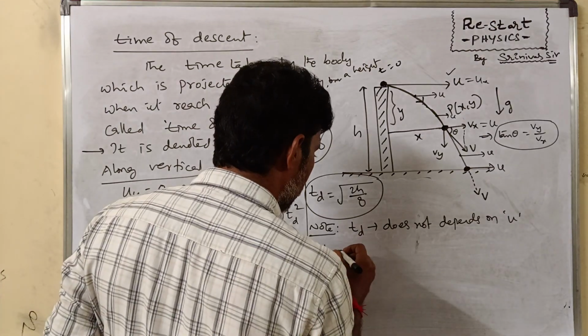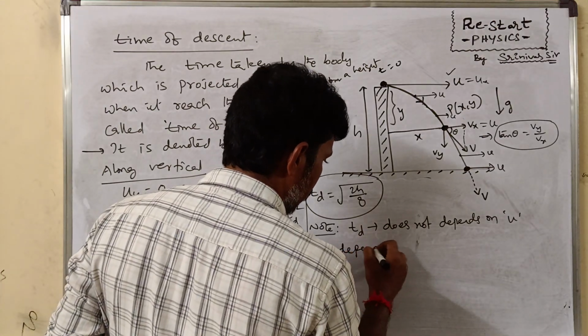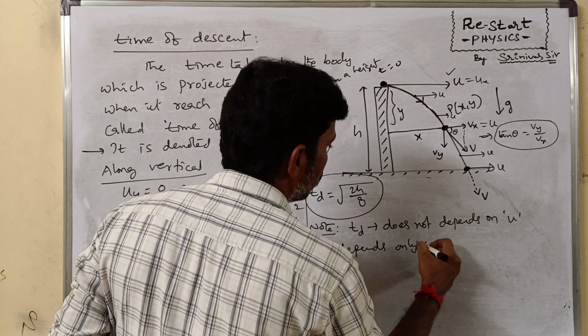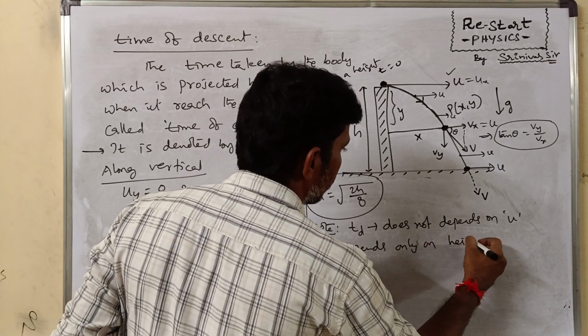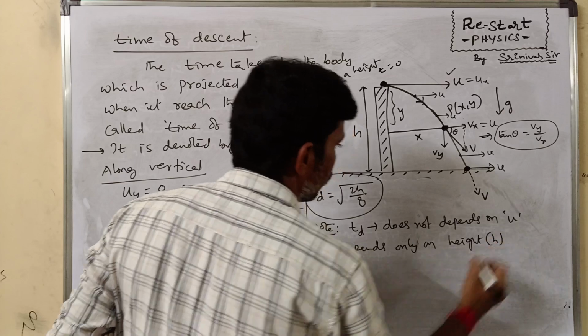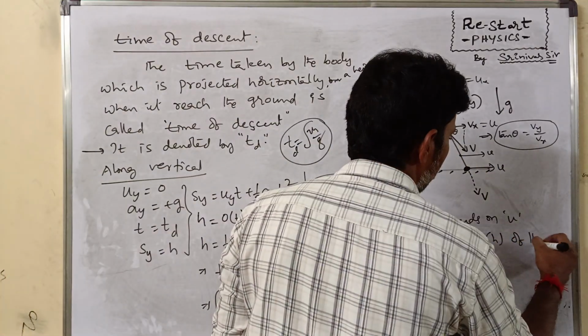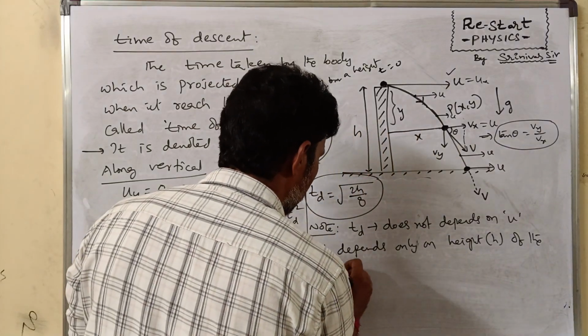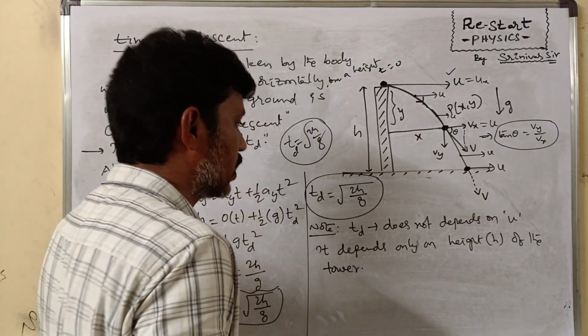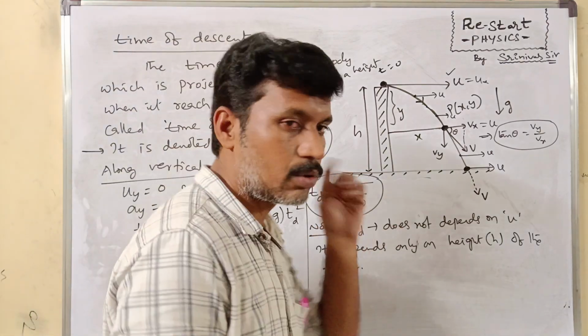It depends only on the height h of the tower, or whatever the point may be. So time of descent is equal to root of 2h by g.